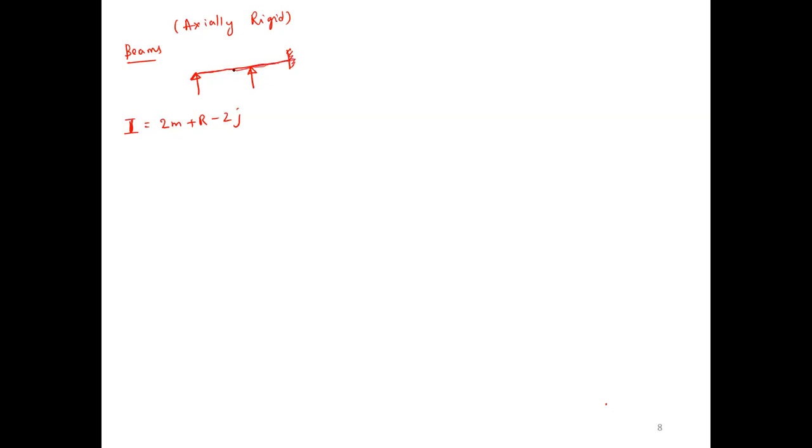Are you agreed with my statement? Because of this fixity, this member will not move anywhere. Here also, whenever there is a simple support, this beam will not move, because here you have a fixed support.